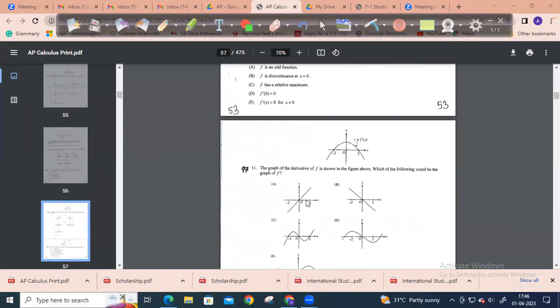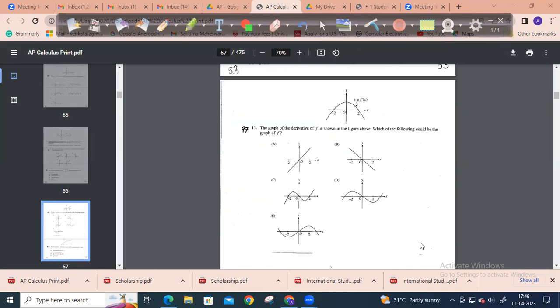They gave the graph of f dash, and they're asking which of the following could be the graph of f. Everyone in the class, please do type your answer for this.